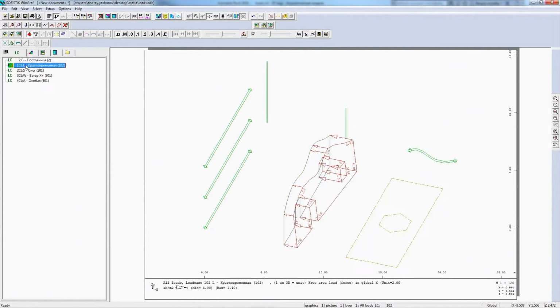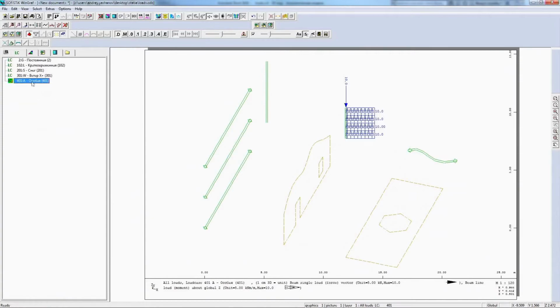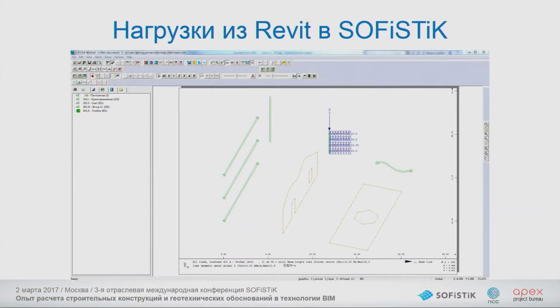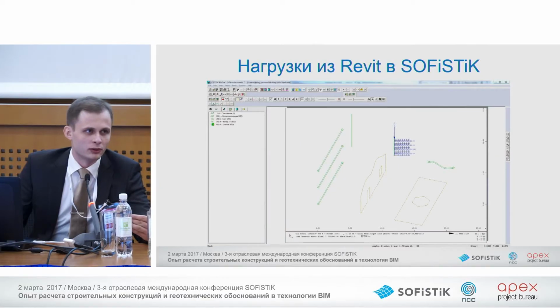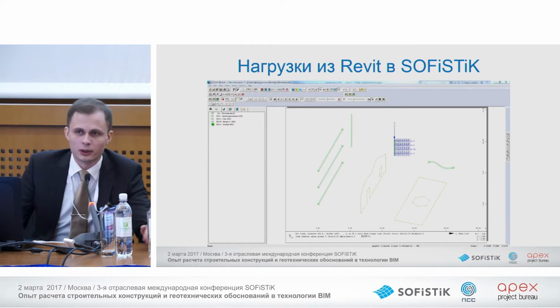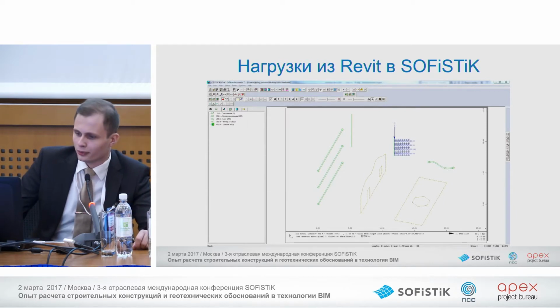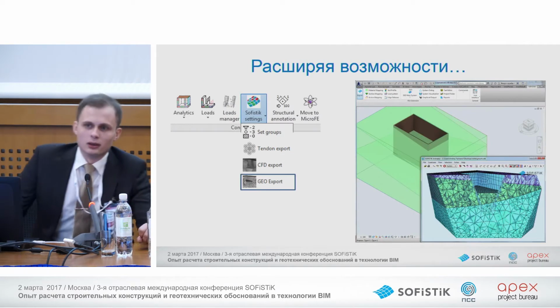The holes, well, you can see that everything can be exported and imported. So in this load distribution area, all the loads can be collected and distributed across the finite elements.